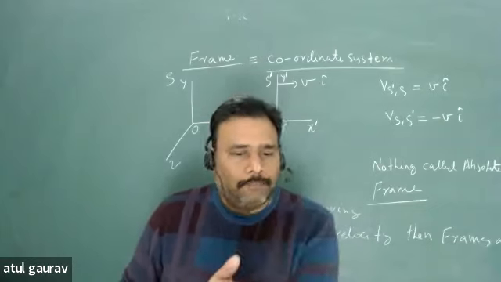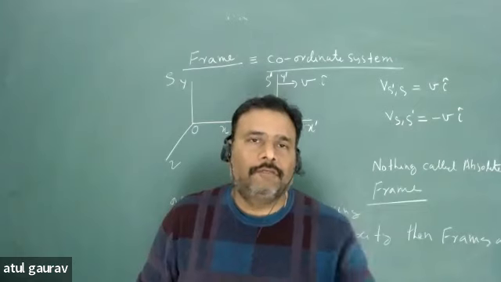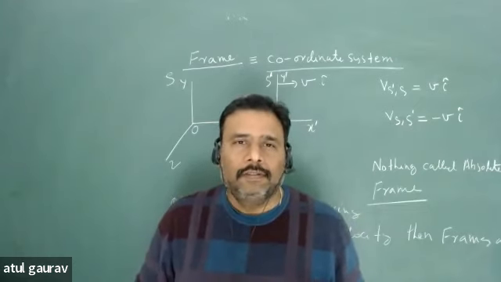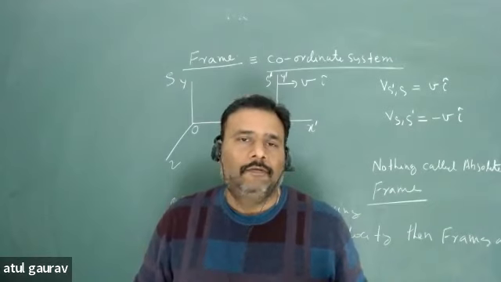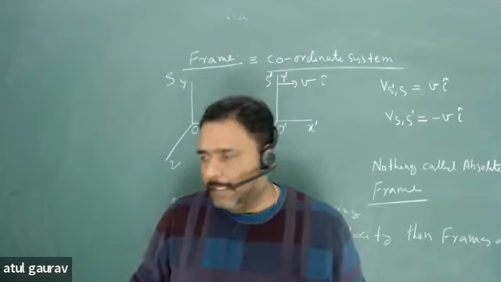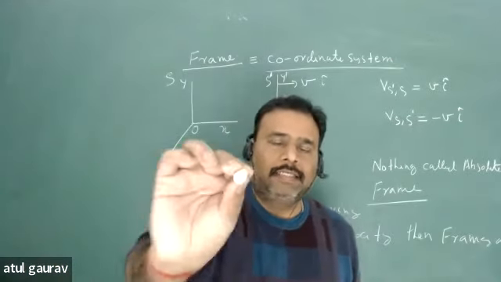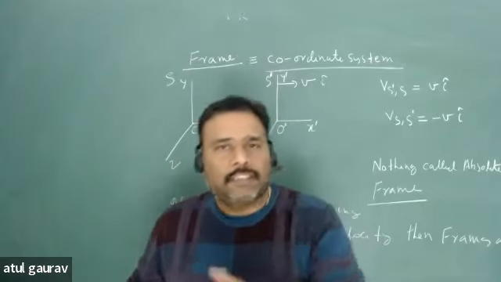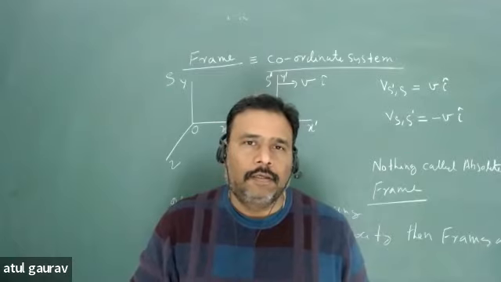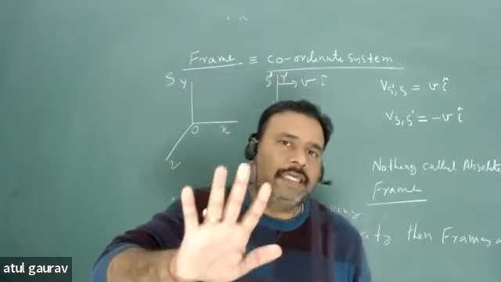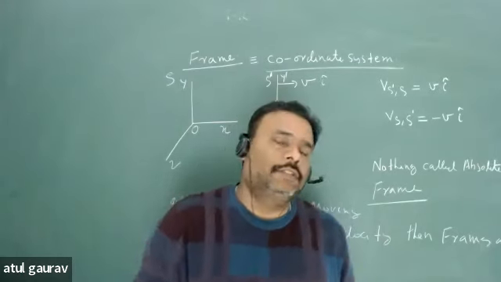Because if you want to change the direction, then you have to give an extra force on a frame, isn't it? Are you getting my point? If you are moving in a straight line and you want to change the direction, without using some external force you cannot change the direction. Even if the magnitude of velocity can be the same, you have to apply some force on the frame.